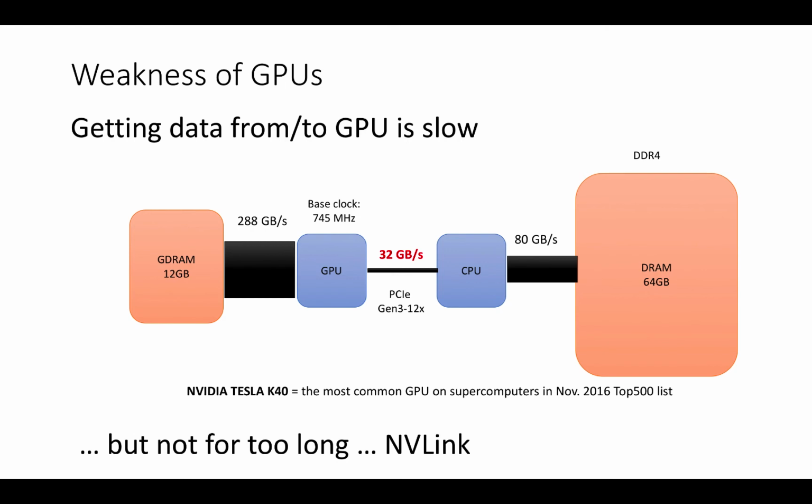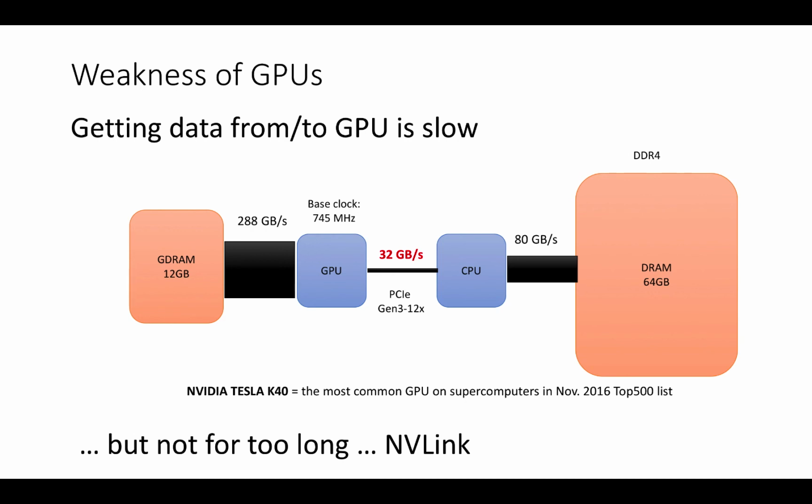The data movement between GPU and CPU and vice versa is relatively slow. When I say relatively slow, I mean when compared to the speed of moving data from the GPU to its own memory, called GDDR RAM, and from the CPU to DRAM. The figure in this slide shows the data transfer bandwidth between different parts of the system, comprising an NVIDIA Tesla K40 connected to the CPU via a third-generation PCI Express.